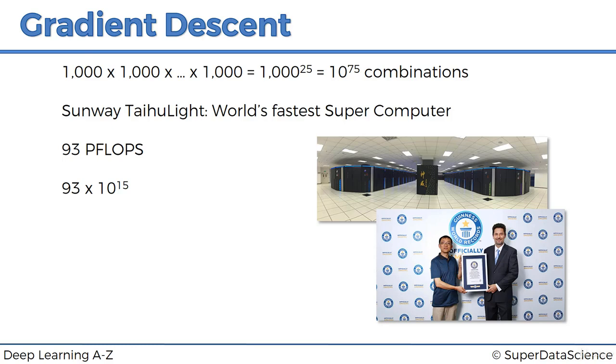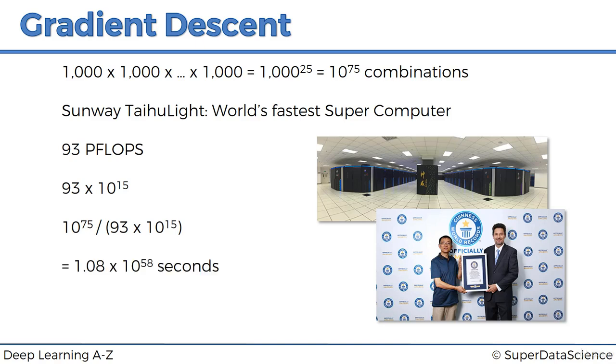But let's give it a head start and say that in an ideal world it can do one test per one floating point operation. That means it will still require 10 to the power of 75 divided by 93 times 10 to the power of 15 seconds to run all of those tests, to brute force through that network.